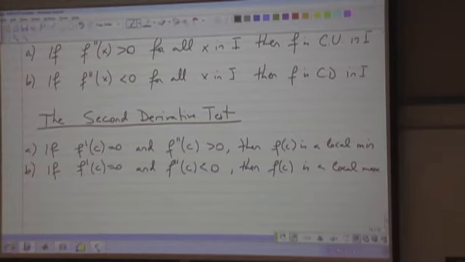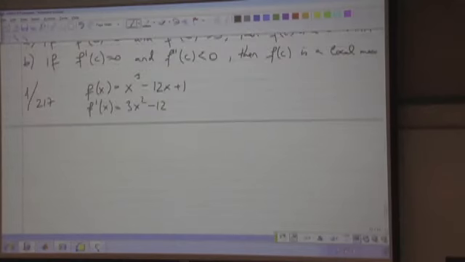So, returning to our problem 1 on page 217, f of x was equal to x cubed minus 12x plus 1. F prime of x was equal to 3x squared minus 12. And part C of the problem asks to find intervals of concavity and inflection points.